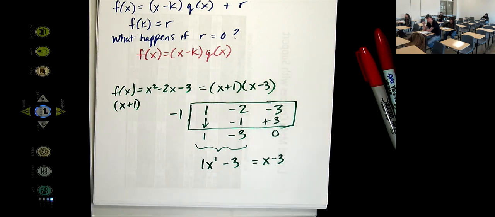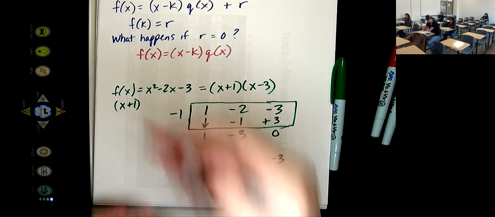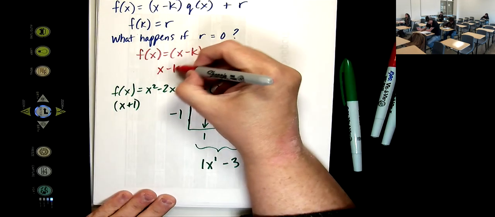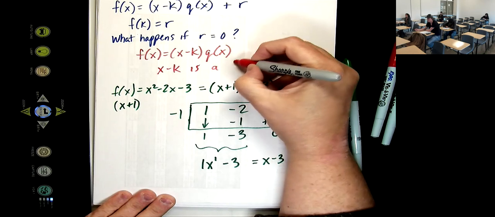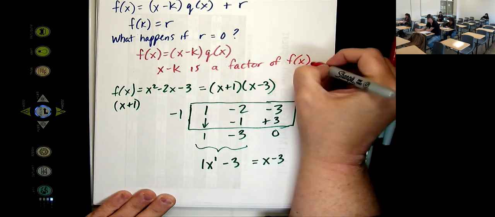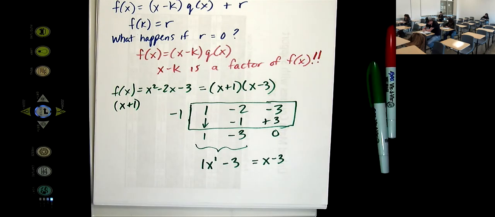They're factors, aren't they? If r equals 0, x minus k is a factor of f of x. That's actually pretty cool.